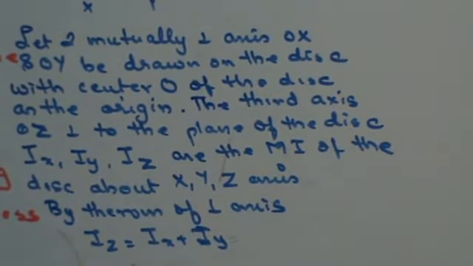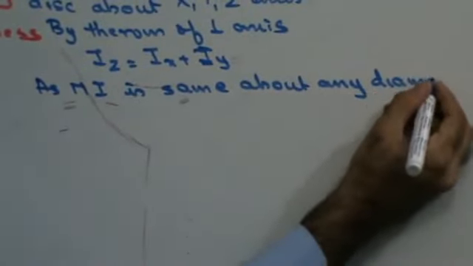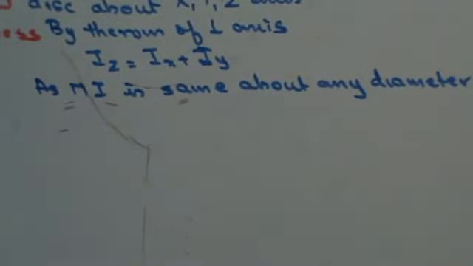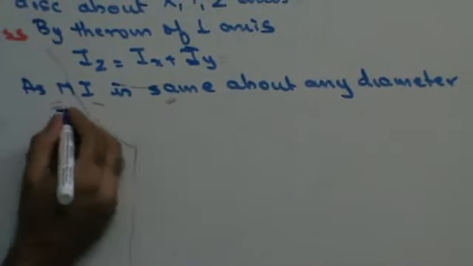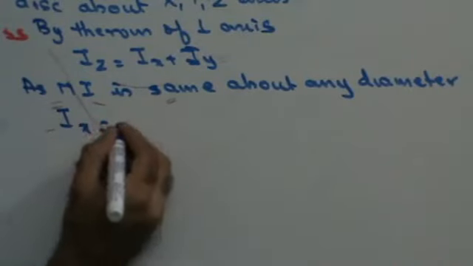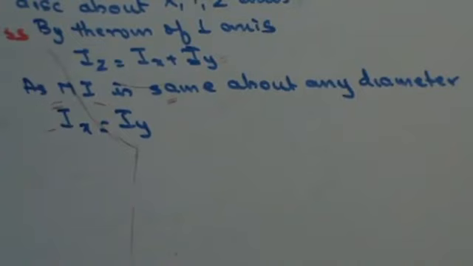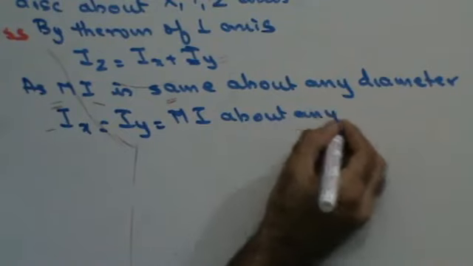Now, as the moment of inertia is the same about any diameter, Ix will be equal to Iy, both being diameters. So this is my moment of inertia about any diameter.